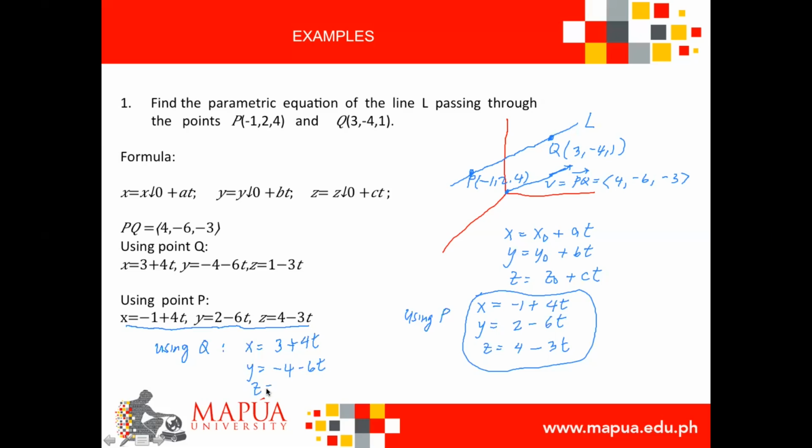Then z = z sub 0, which is 1, and your c is -3. So this is the parametric equation of your line L when point Q is used as the initial point. Checking the answer: x = 3 + 4t, y = -4 - 6t, then z = 1 - 3t. This is how we find the parametric equation of the line passing through these two points, point P and point Q.